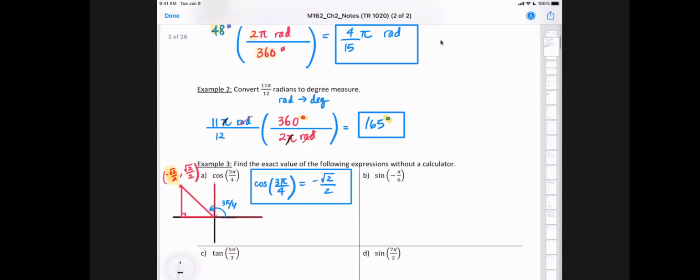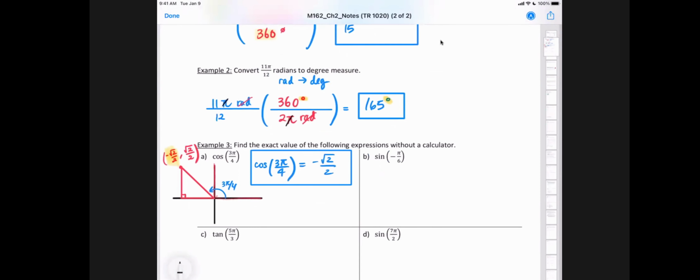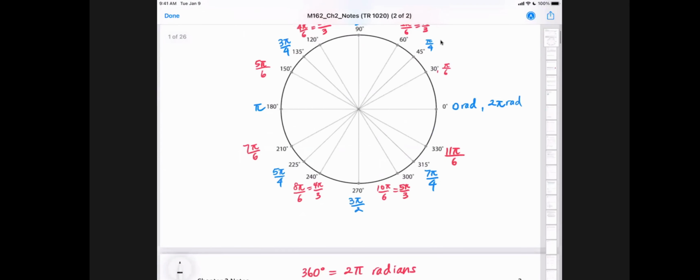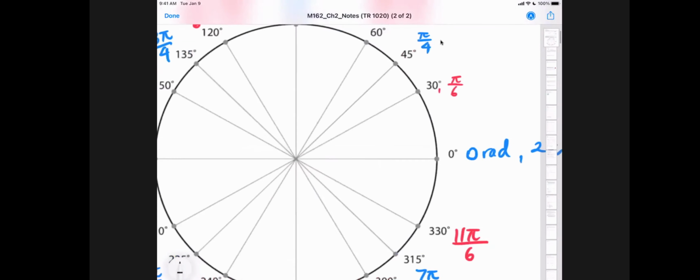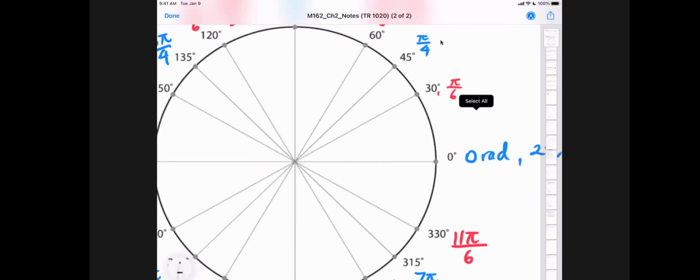All right, let's do another one. Let's take a look at sine of negative pi over 6. It's negative, which means we're going to measure pi over 6 in a clockwise direction to account for the negative. The one little sliver of pi over 6 is a 30-degree angle equivalent.